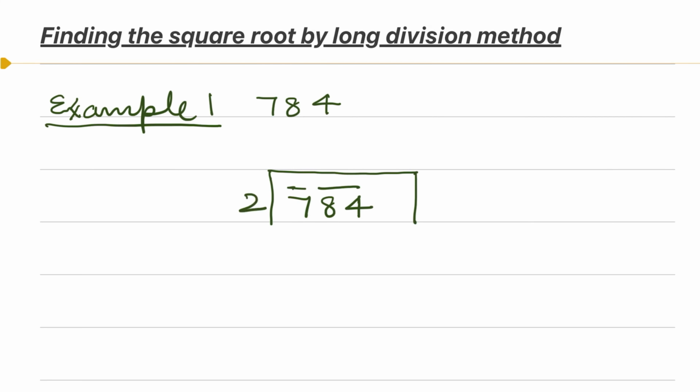So I get 2. Same like division, so 2 times 2 is 4 and we'll follow the division by subtracting.